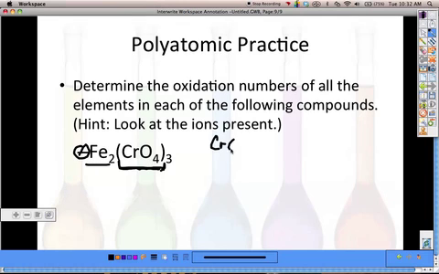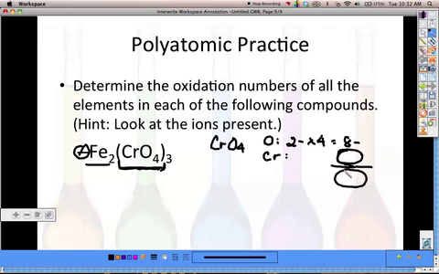So if we have CrO4, we know the oxygen is a 2 negative. We're multiplying it by 4 to get 8 negative. So the only thing I don't know here is what my charge of chromium is and what the charge of my ion is. Once I know those two things, I'll be able to figure out what my chromium and chromate charge are.